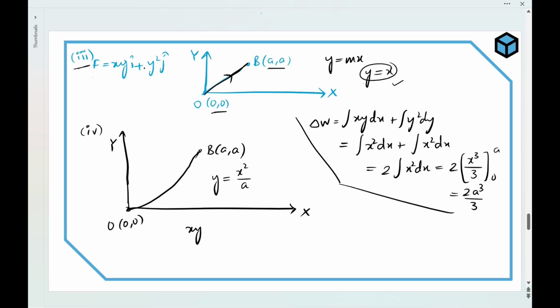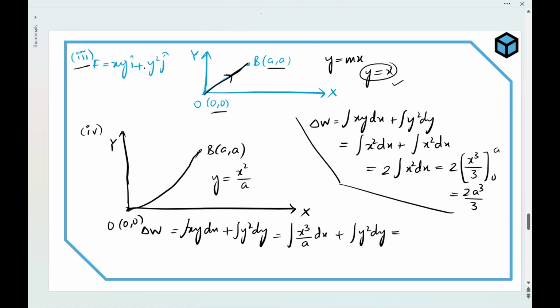So now what we can do is, the work done is the integral of xy dx plus y square dy, which is nothing but the integral of fx dx plus the integral of fy dy. So now just put y as x square by a, so you will get the integral of x cube by a dx plus the integral of y square dy.